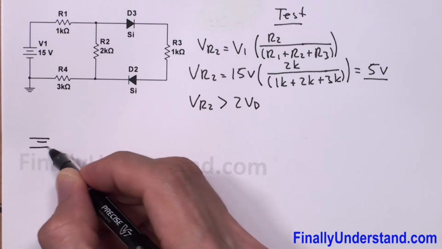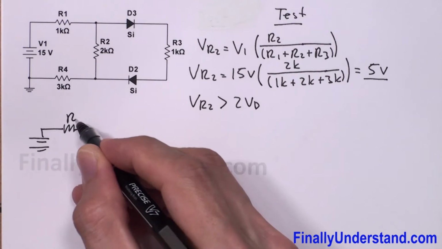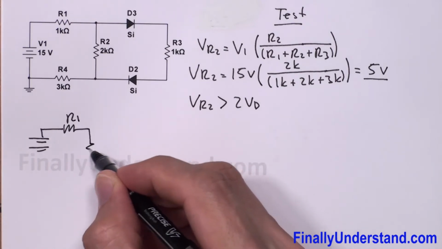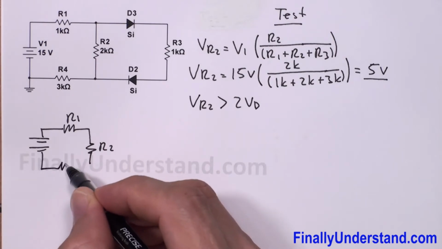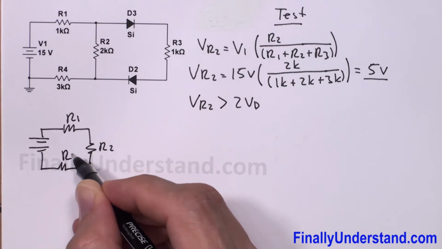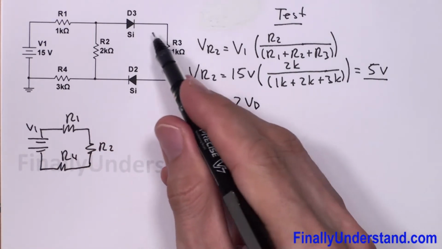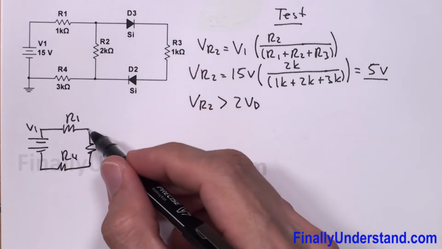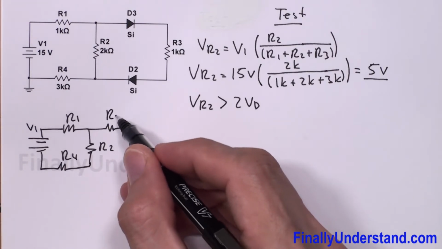I have the voltage source V1, I have R1, I have R2, and I have R4, and from this branch I'm going to just leave resistor R3.